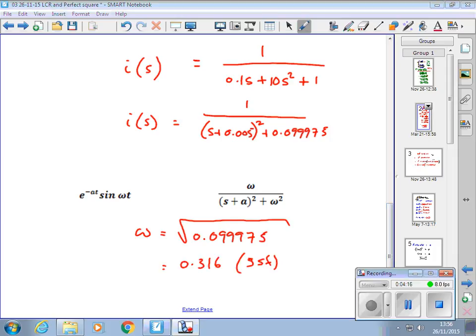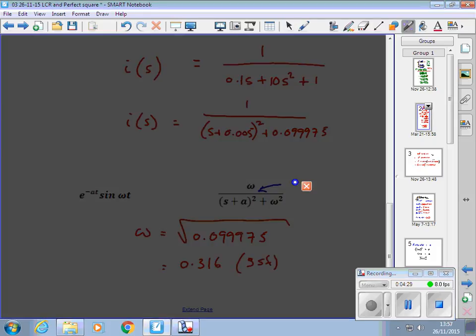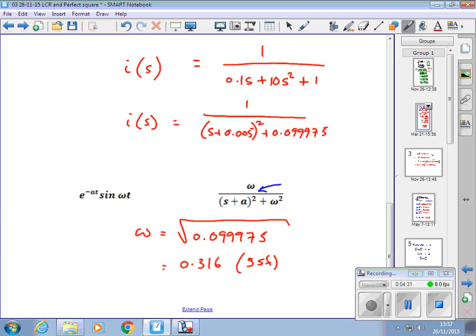So omega turns out to be 0.316 to 3 significant figures. So we need this to be 0.316, because that's what omega is. So what we need to do is to multiply top and bottom of this by 0.316, and we've got it.